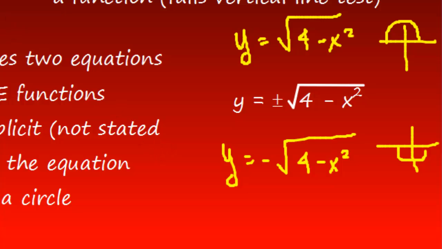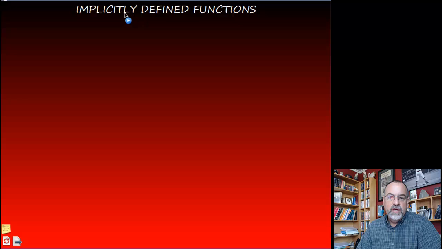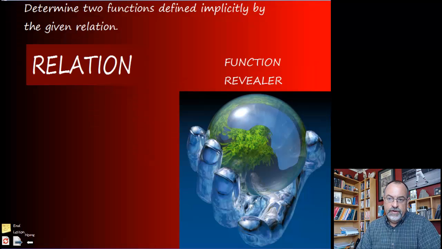So if we solve for y, we can determine two function equations which are implied within this relationship, which we don't see directly. So for problems like this, we're simply going to take an expression, solve it for y, and see if any implicitly defined functions are revealed.